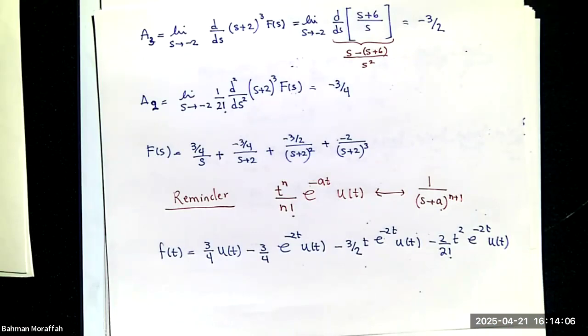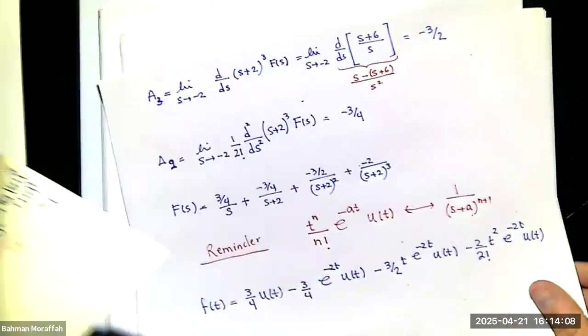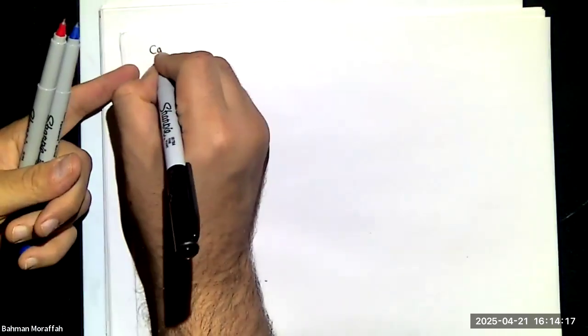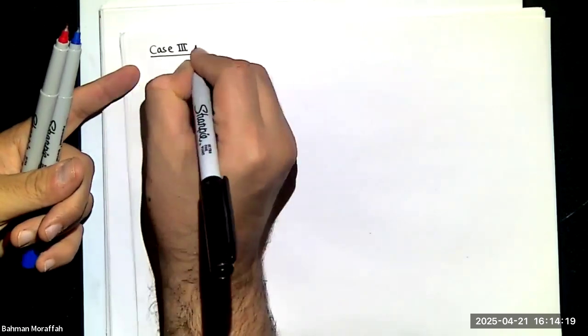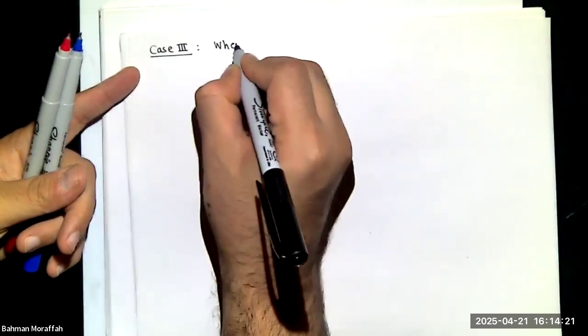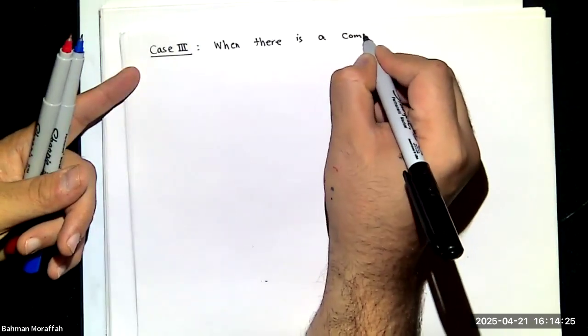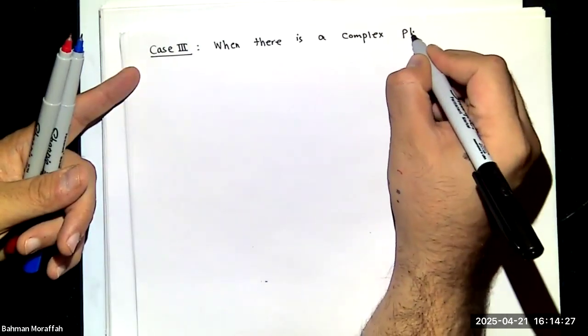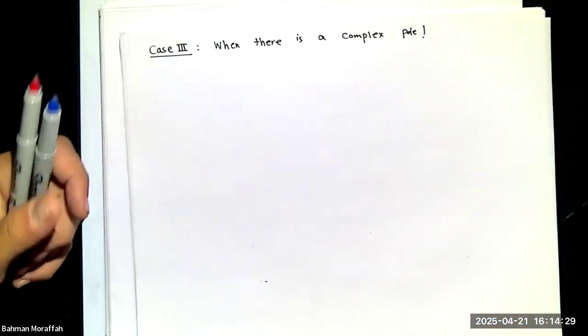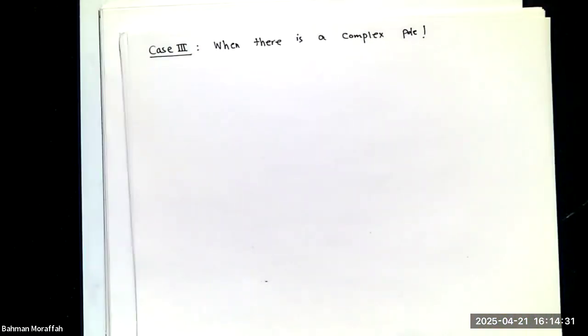Case 3 is when there is a complex pole. It turns out there is not much of a trick.